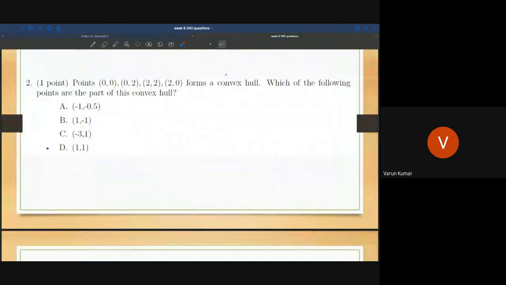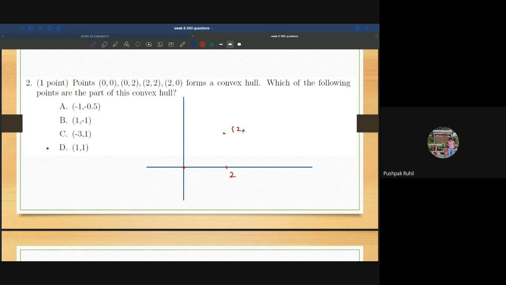So now for this particular question, the points given to us are 0, 0, which would be over here. We have 0, comma 2, let's say it is somewhere over here. The next point is 2, comma 2, which would be somewhere over here, and then we have 2, comma 0.